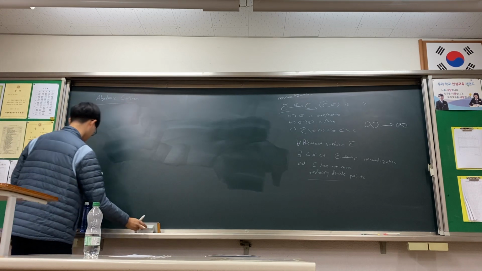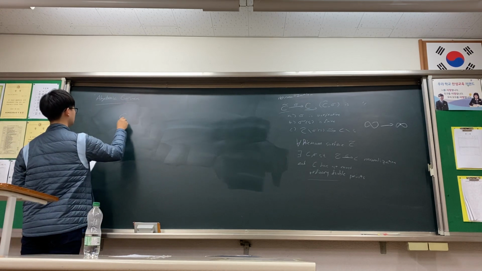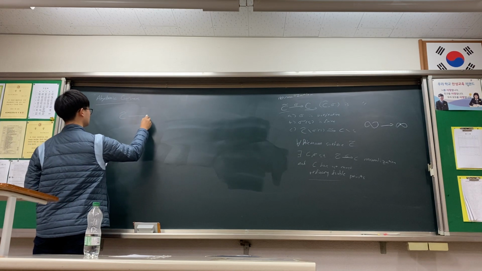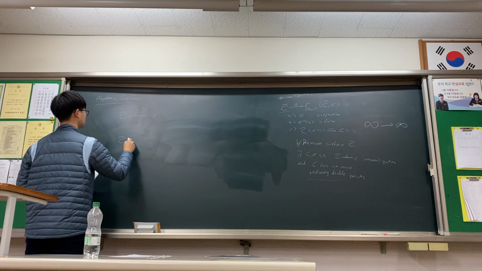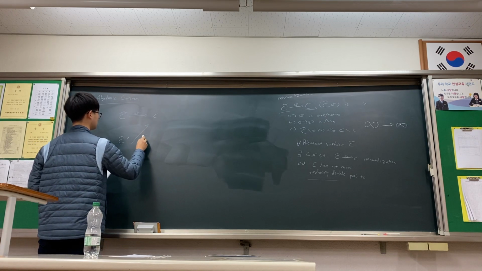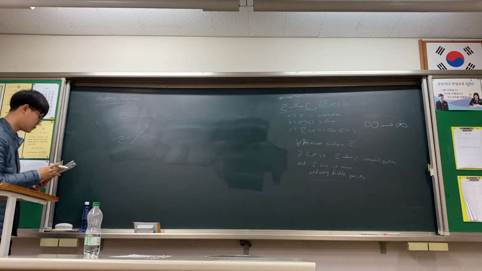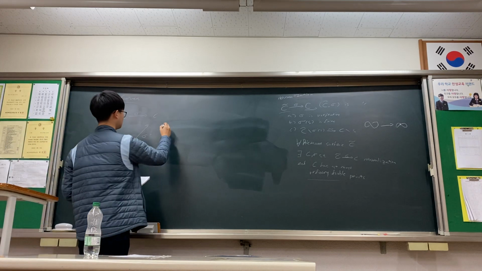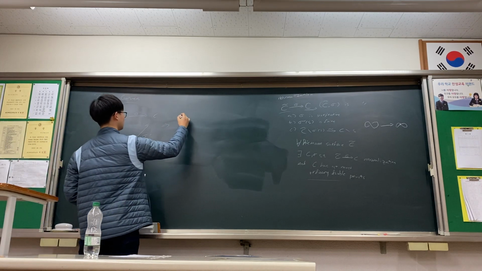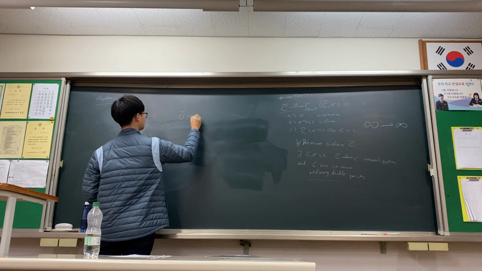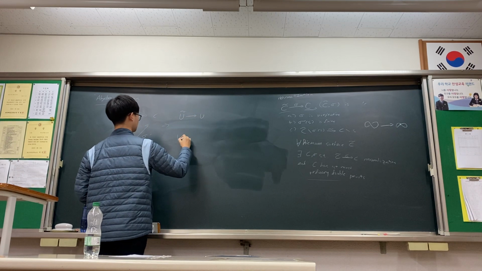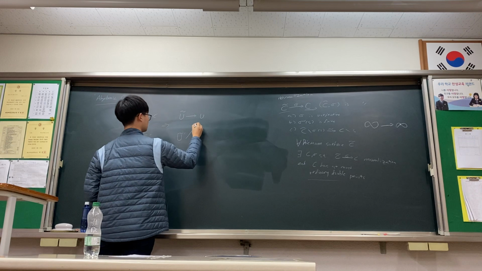So suppose we have two normalizations, and this would imply that we have a biholomorphic map of the open sets, let's say U and U prime.